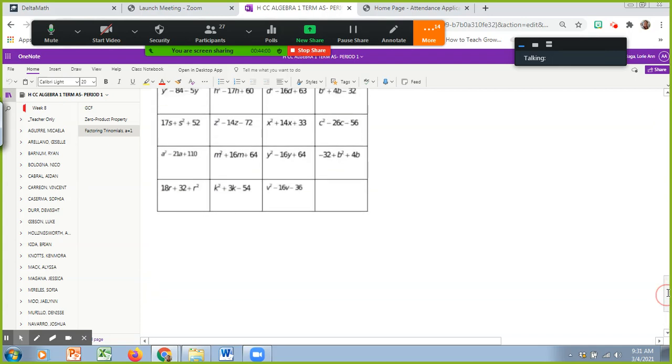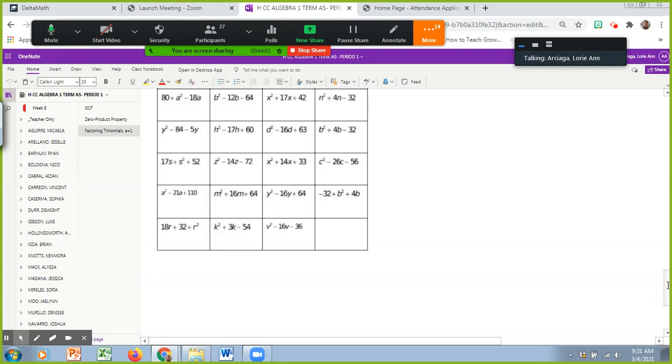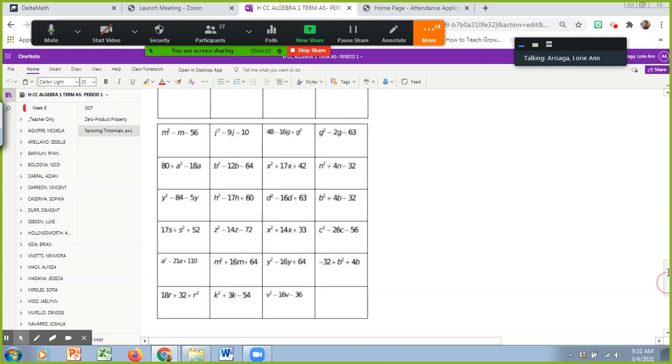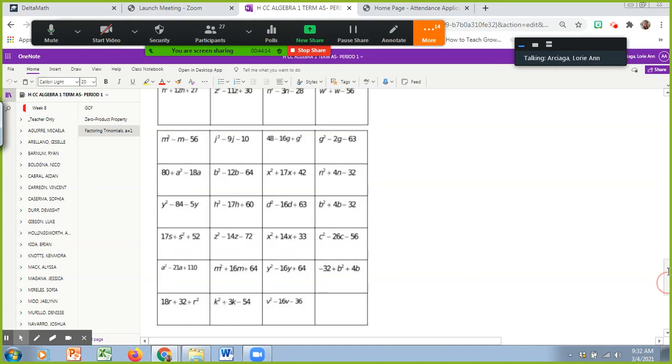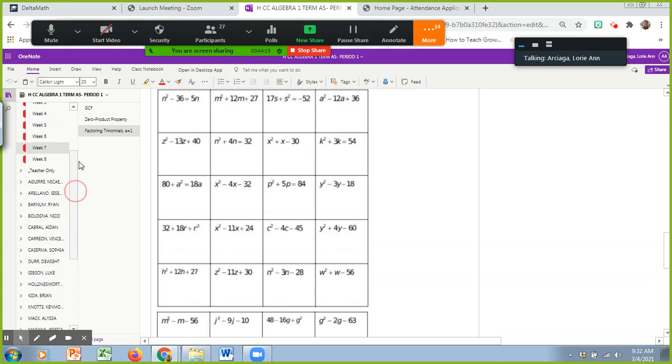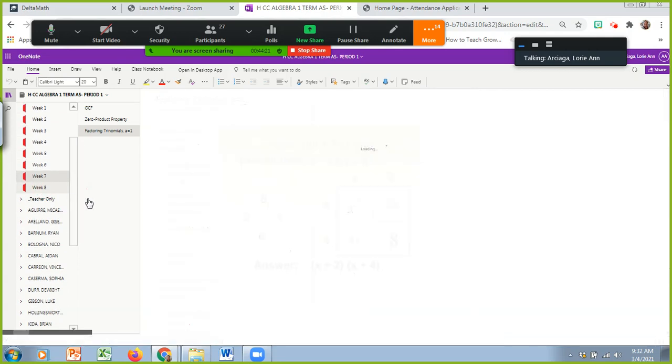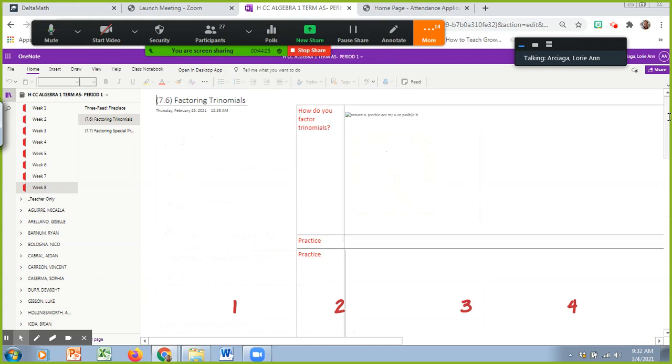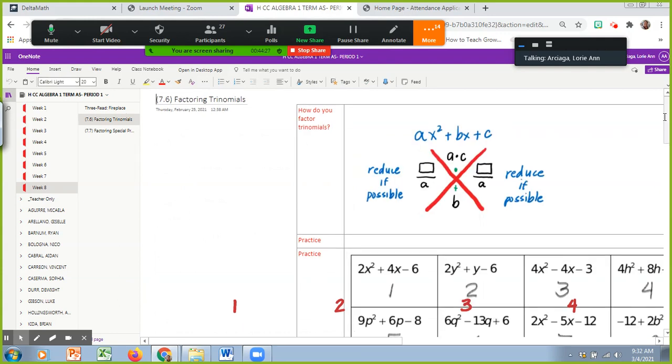But I'm trying to chunk them up also in Schoology. I did not put all of those right away, okay? So I only have set 3 so far. The other ones are here in week 8 in factoring trinomials also, but these ones are for those that have letter A's in front of them.